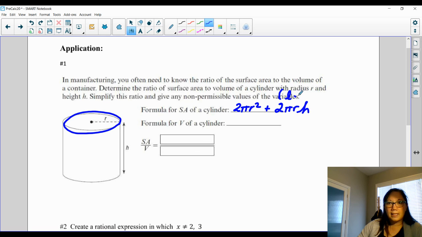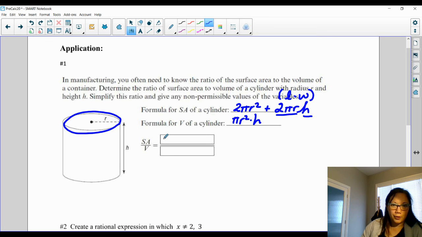So this is really a fancy way of saying length times width, where your length is 2 pi r and your width is h. So that's a bit of a complicated formula, not one that usually people remember, but that one I'm providing for you. Okay, the volume formula for a cylinder is pi r squared times h. So just the area of the base, which is a circle, times the height.